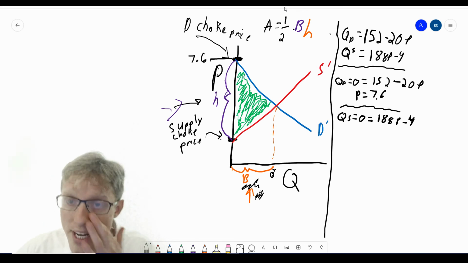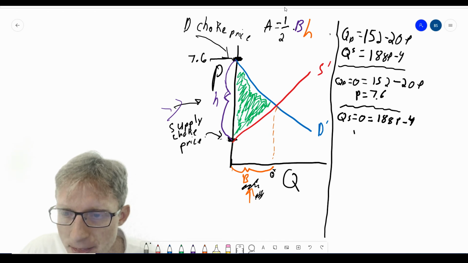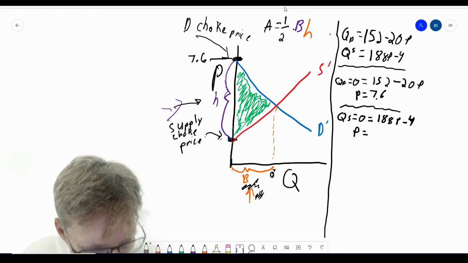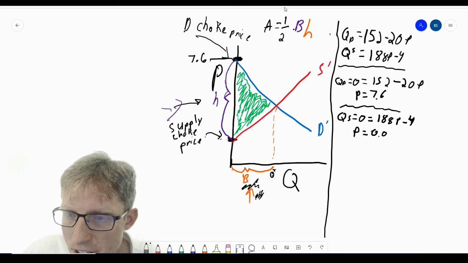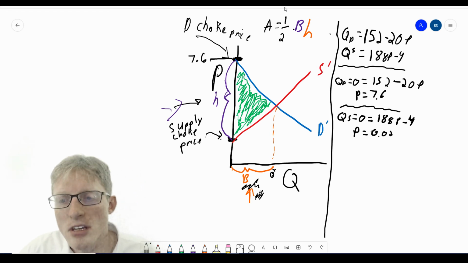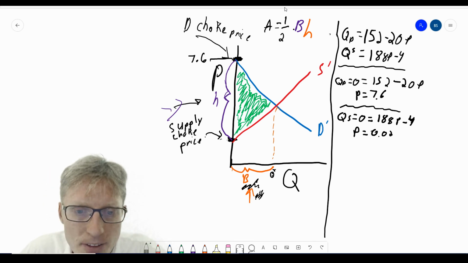So what we could do is add 4 to both sides, divide by 188, and we would get that the supply choke price is equal to about 0.02. Okay. So now we can put that on the graph here. So now we have 0.02.